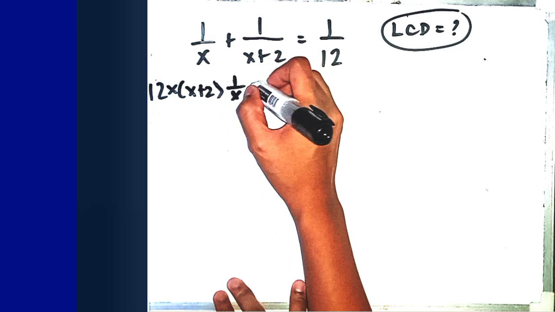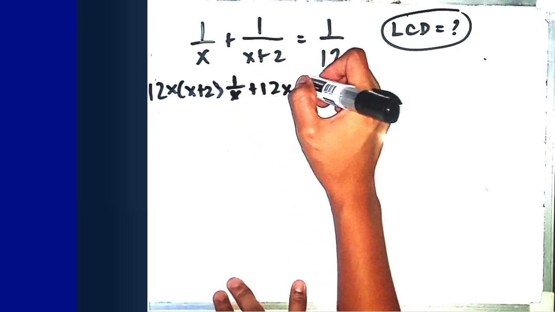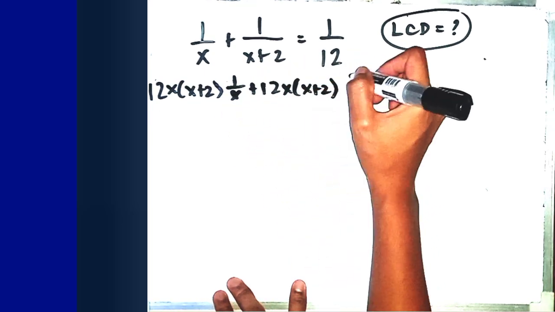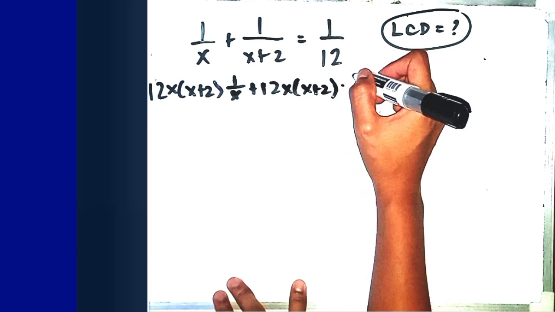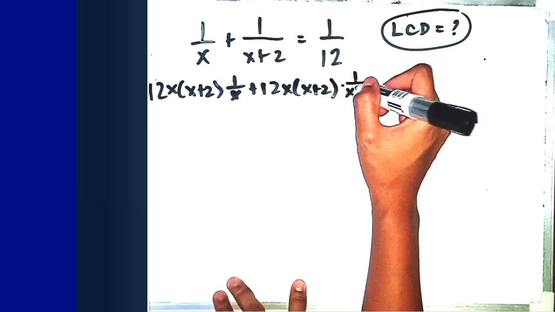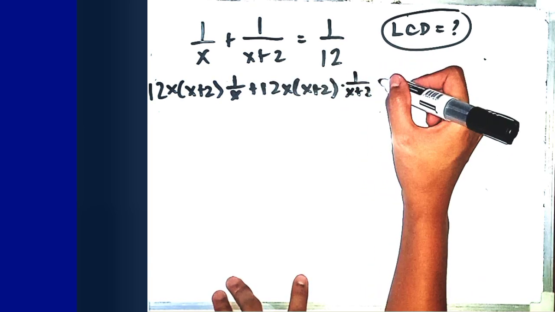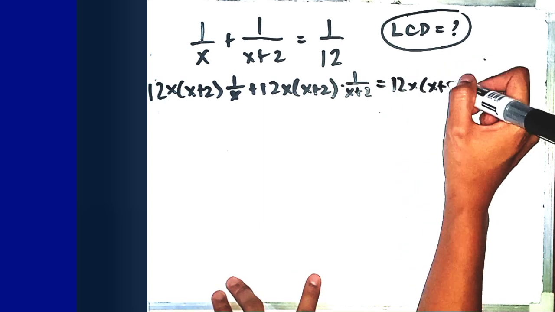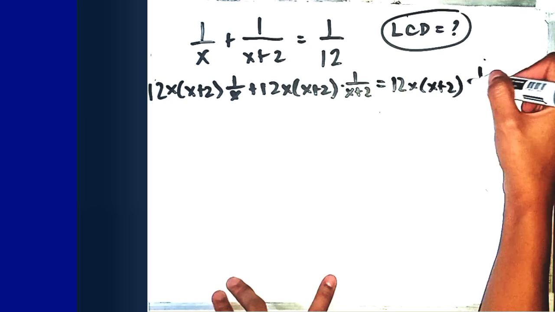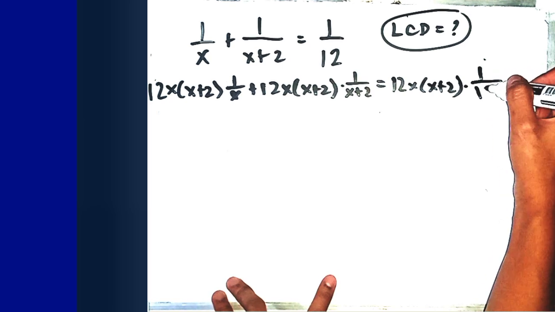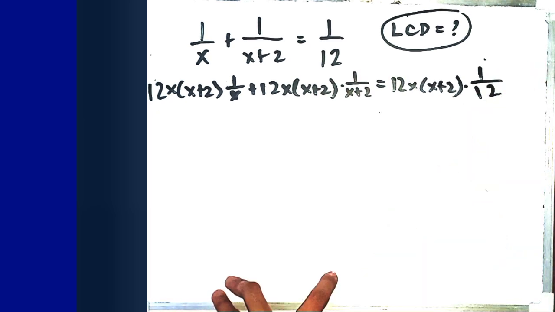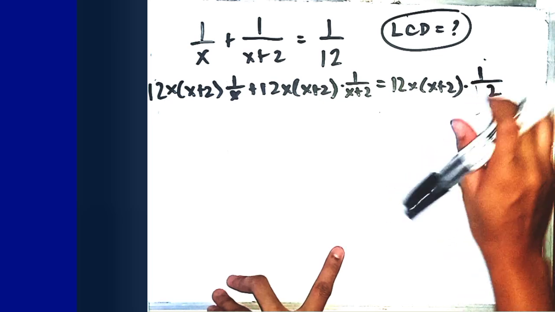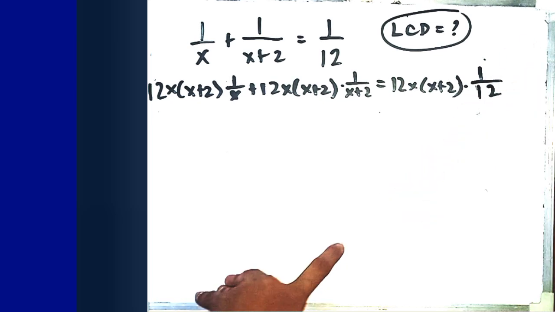Okay. So we'll be multiplying 12x(x plus 2) to the whole equation so that the denominators will cancel out.